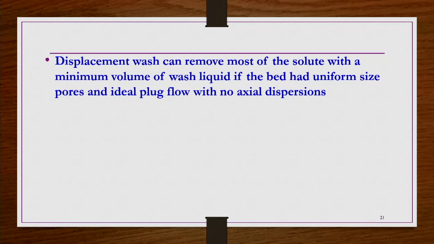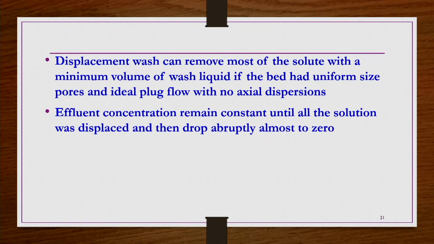Okay. So, displacement wash can remove most of the solute with a minimum volume of wash liquid if the bed had uniform size and ideal plug flow with no axial dispersion. Then the effluent concentration remains constant until all the solution is displaced by the wash liquid, and then drops abruptly almost to 0, as I have shown in the picture.